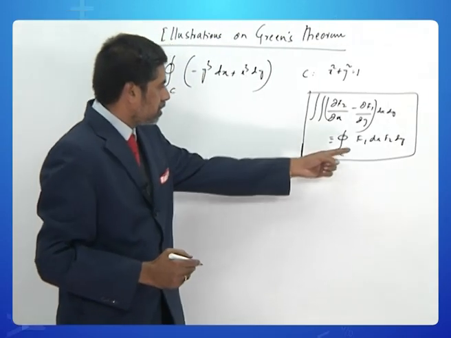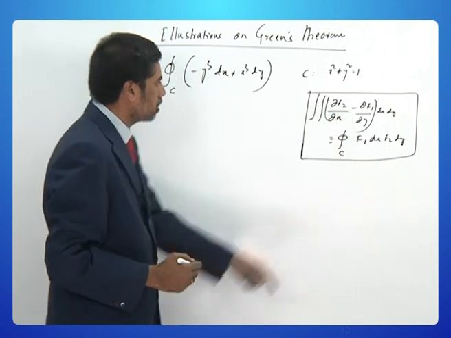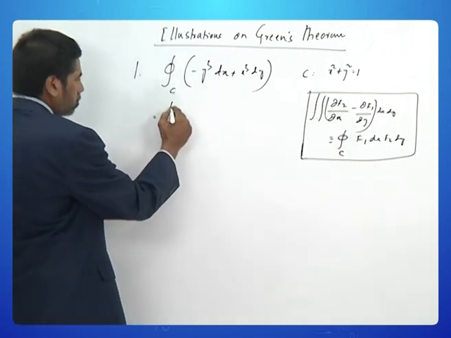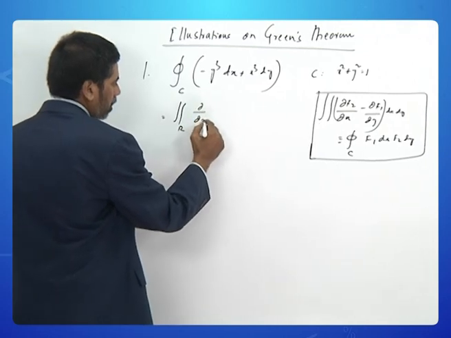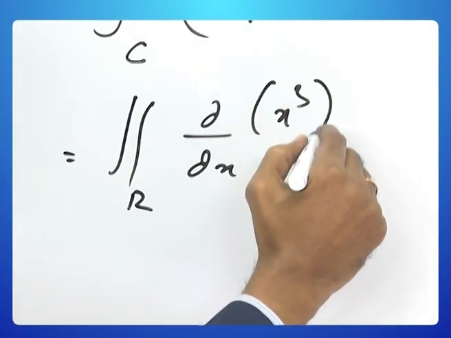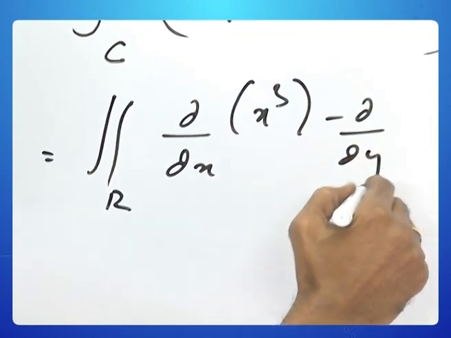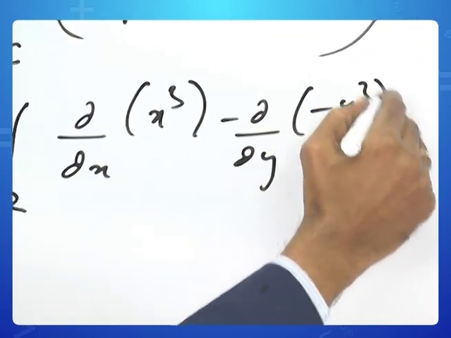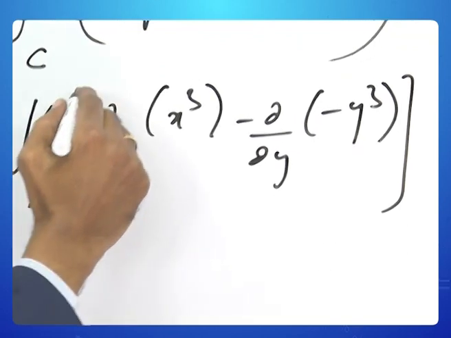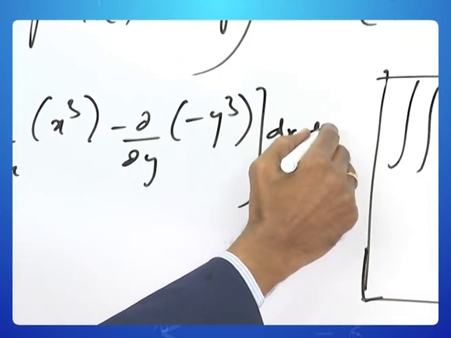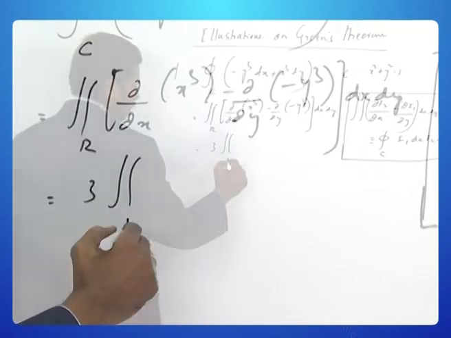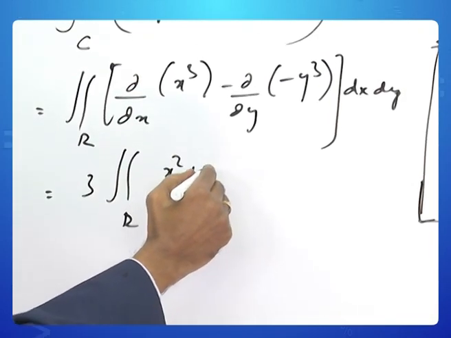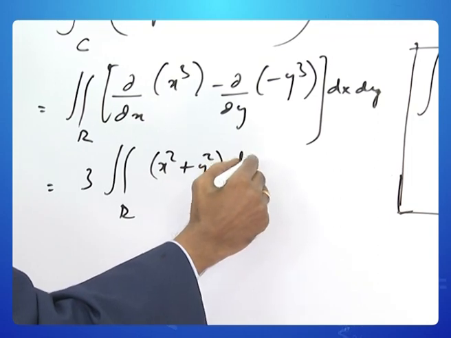Now we are given this, we'll convert it into this one. So this is equal to double integral over R of dou by dou x of x cube minus dou by dou y of minus y cube. So you can see this is 3 times double integral over R of x square plus y squared dx dy.